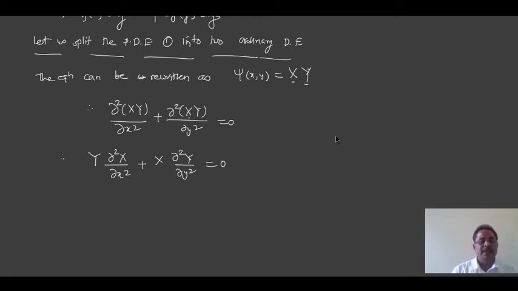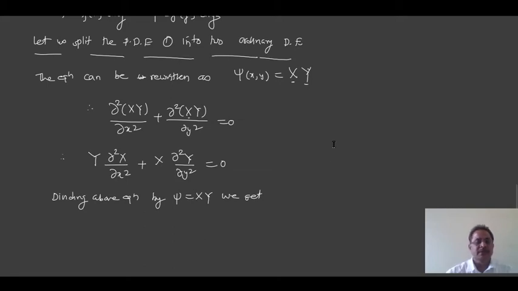Okay, and now what next step? We have to divide this by XY again. So dividing the above equation, all the terms, by psi, that is equal to capital X and Y, we get, so let's divide.